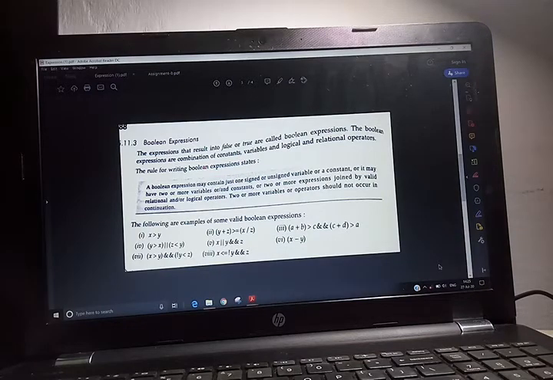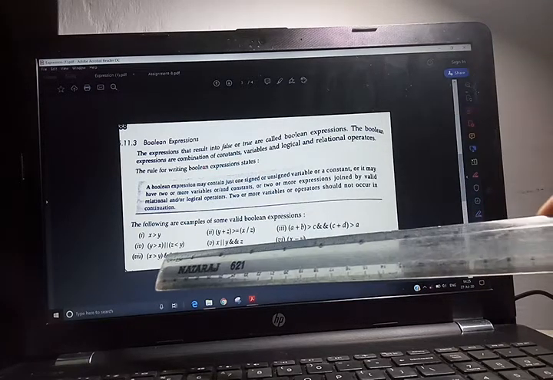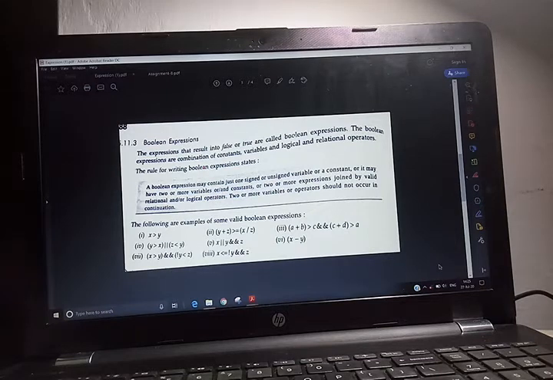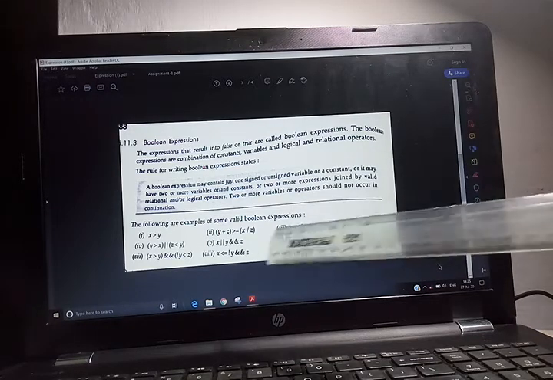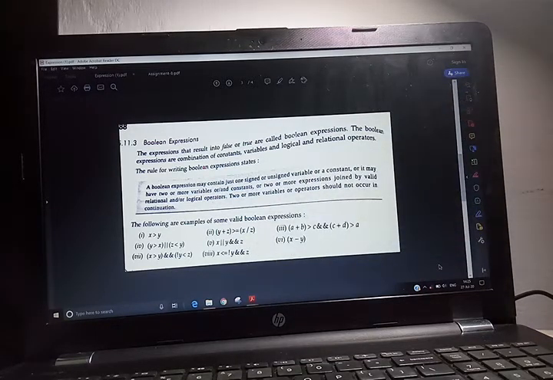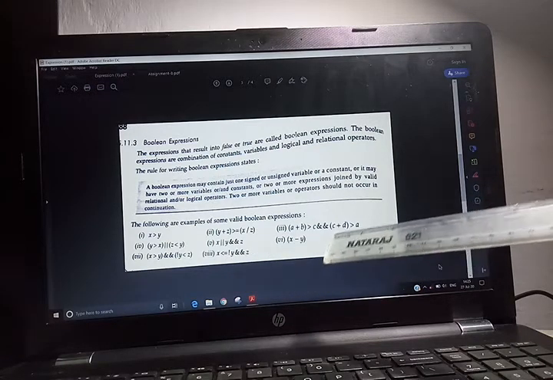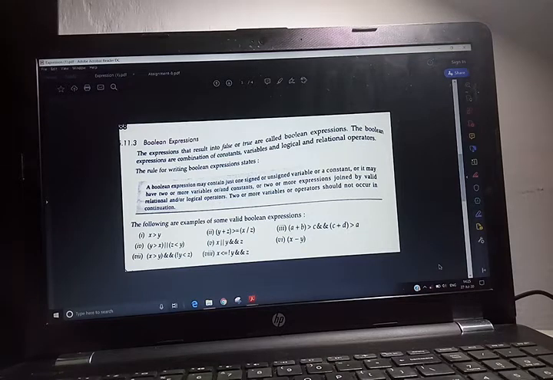Then Z less than Y, then this is the sign of and, then again equal to, more than or equal to, or this one is not. So these are Boolean expressions. When you type them on a computer in programming, you will find the result as true or false.